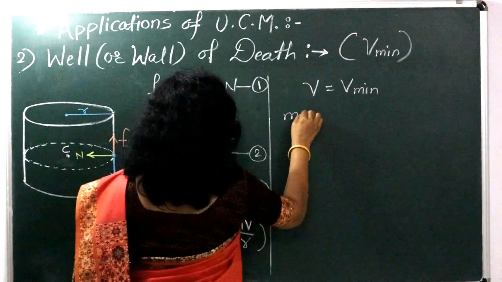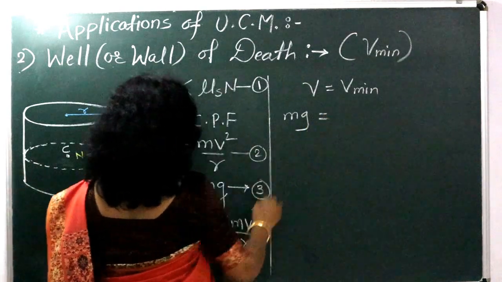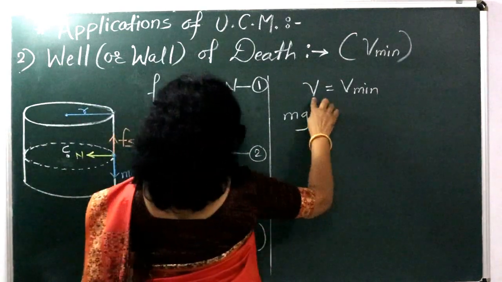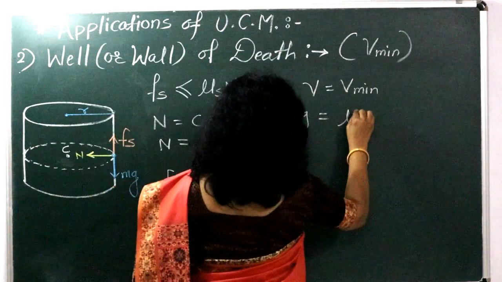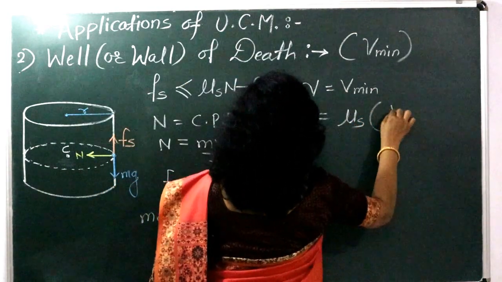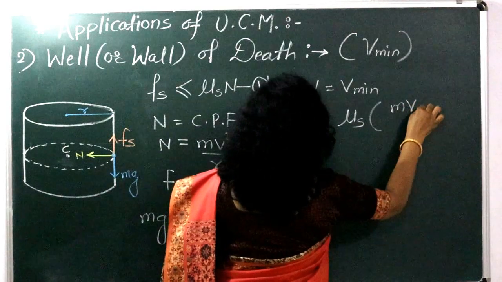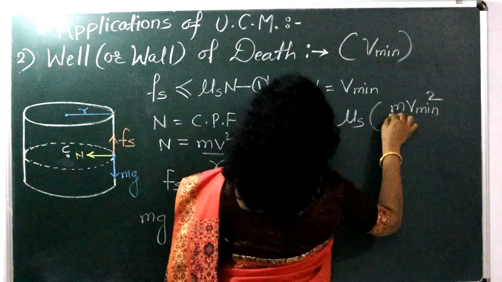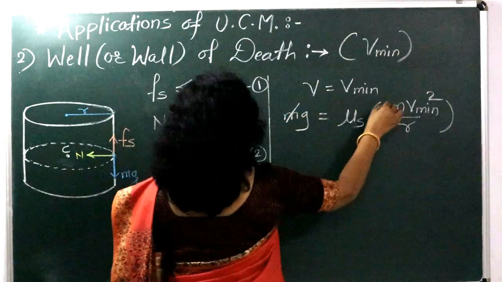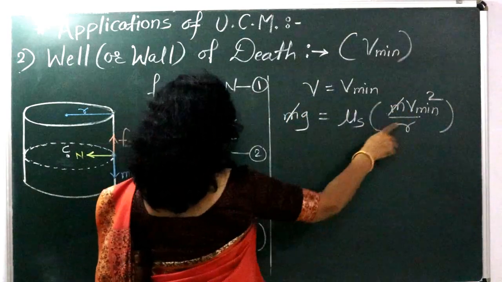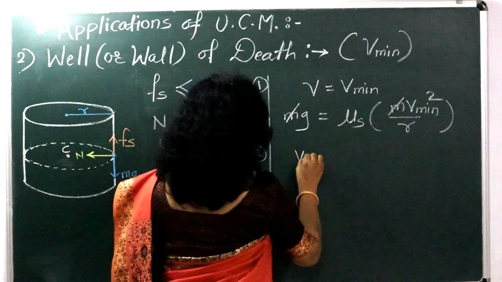Therefore we can write mg equals mu s into m v minimum square divided by r, because we substitute the condition for the minimum value.